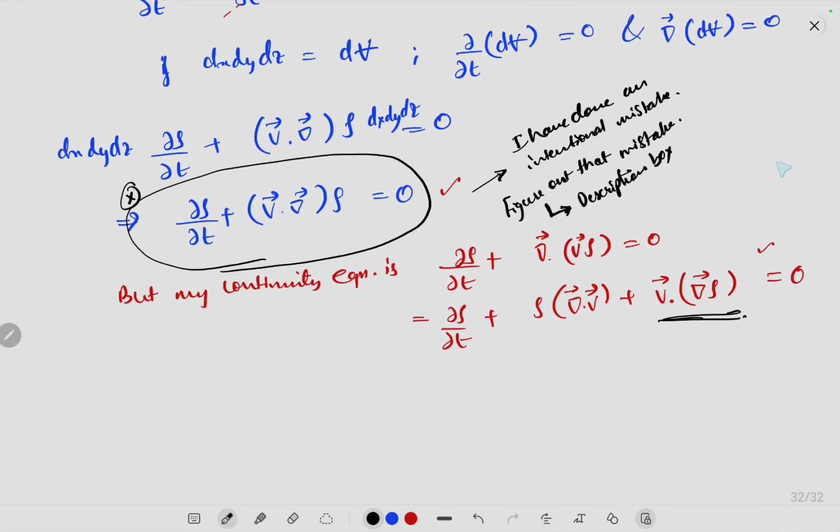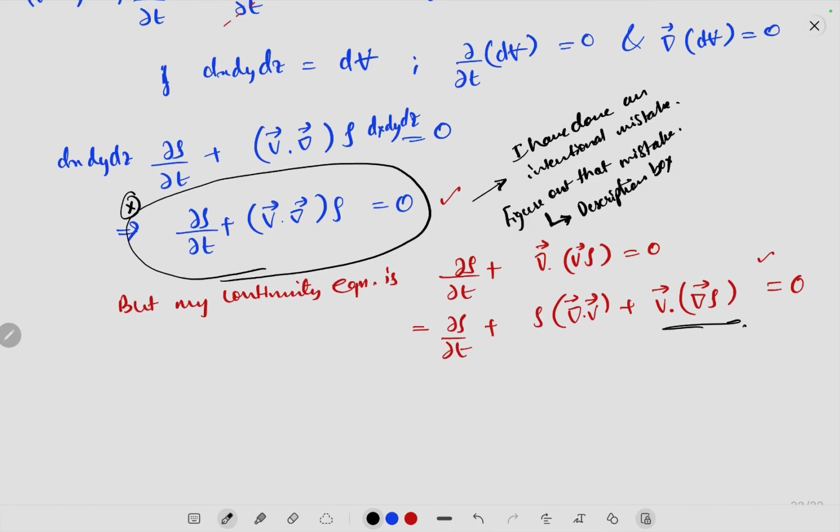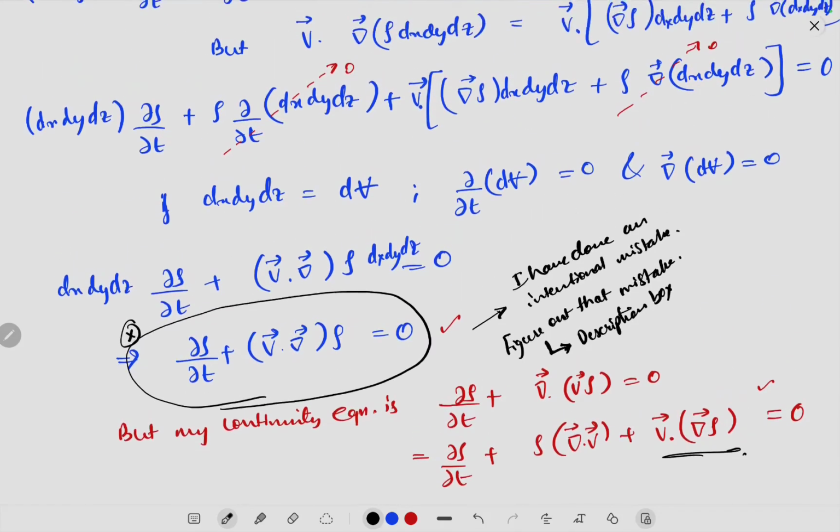I can give you one clue: all these properties are correct. I have not made a mistake in the mathematics, there is some mistake in the physics part. The clue is I have made some mistake while considering the properties of this elemental volume.